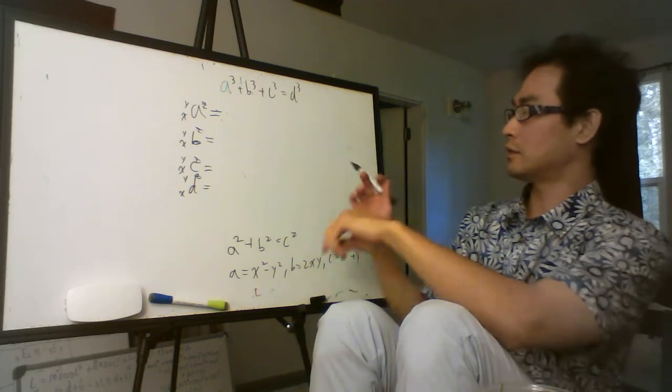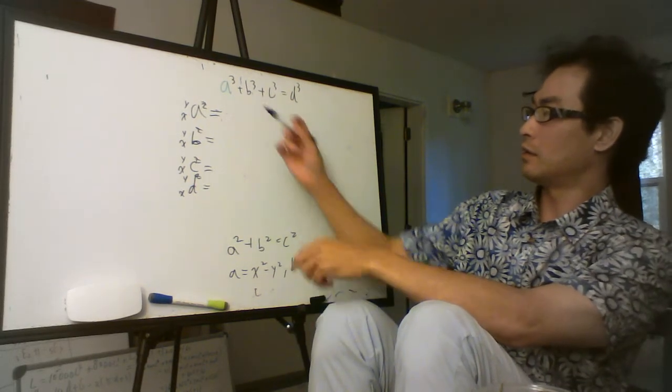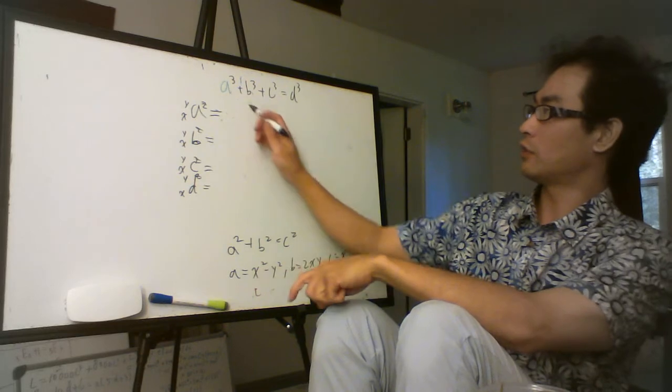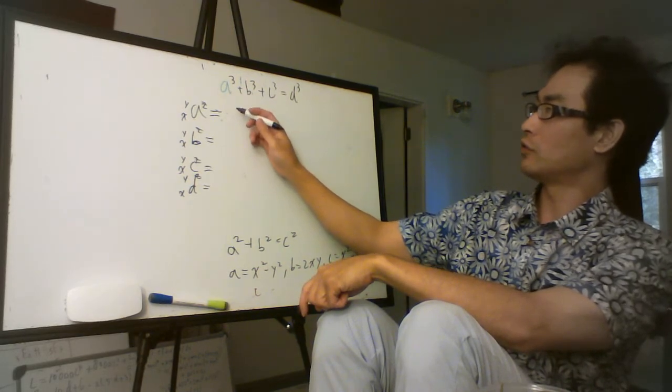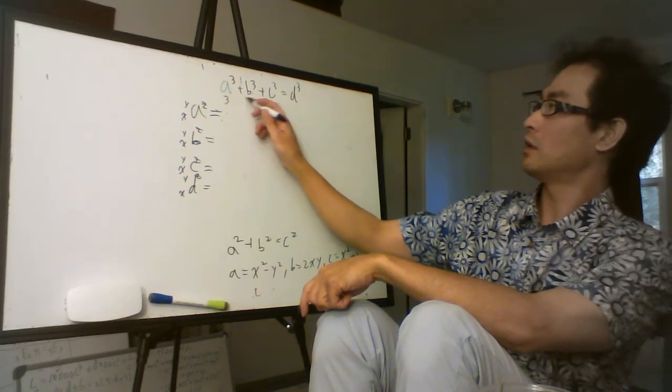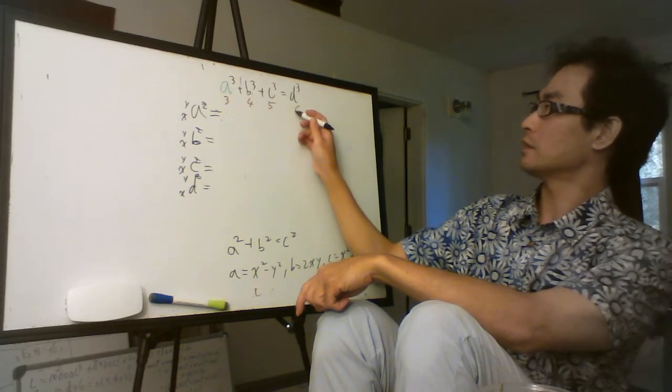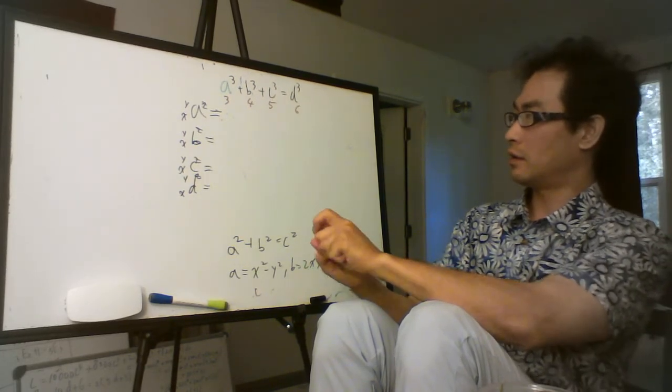Well, let's start easy. Diophantine equation, okay? We want to design this such that this is 3, 4, 5, and 6, okay?